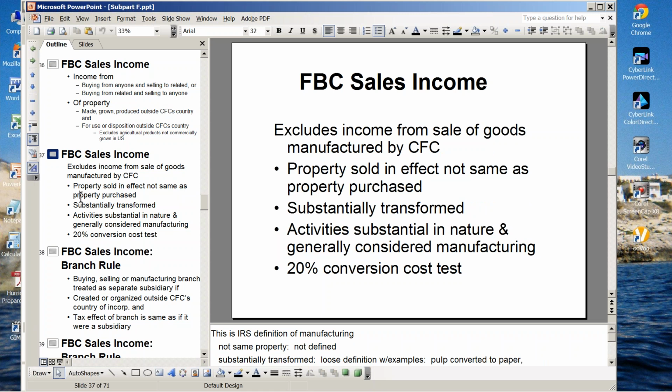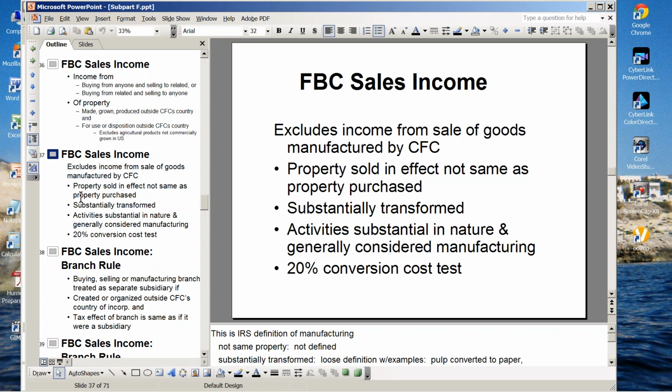Now, how do we tell the difference between making and selling? Well, the regulations have 4 different tests, 3 of which are purely fact-based tests. If our subsidiary is making the goods and selling them, then the income from that is not Subpart F, no matter what country it sells them to. Now, there's an exception we'll get to in a moment.